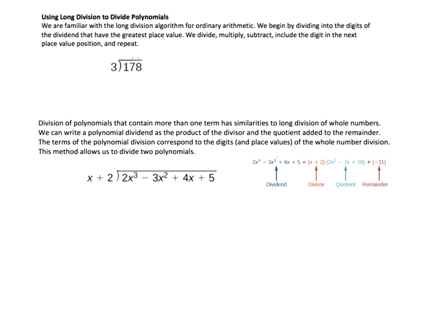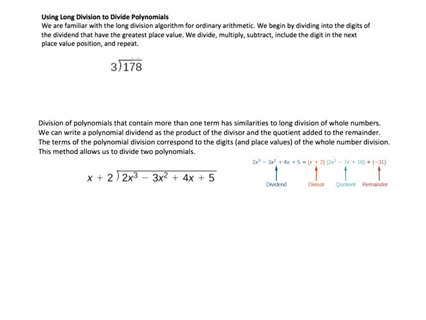And we know that 3 doesn't divide 1 equally unless you want to end up with a fraction. So I need to move to asking that same question about the first 2 digits put together. So how many times does 3 go into 17? And we decide that the answer to that question is actually 5.